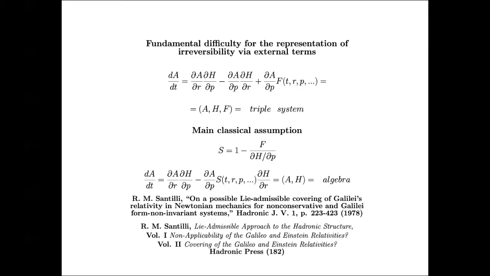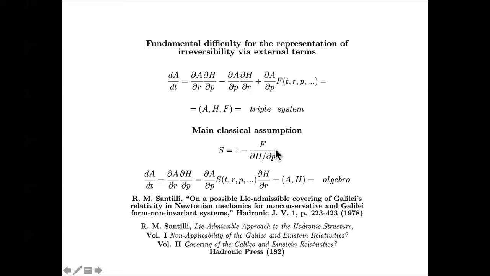I had to reach an identical reformulation of Hamilton's equations with external terms in such a way that it would characterize a bilinear bracket in the time evolution rather than a triple system. After a number of trials and errors, finally I had this simple idea of introducing this function.